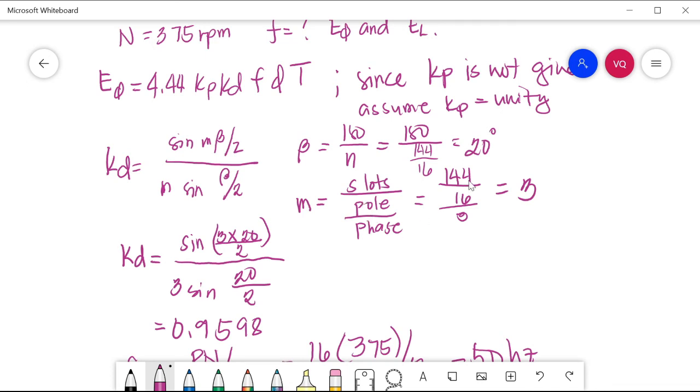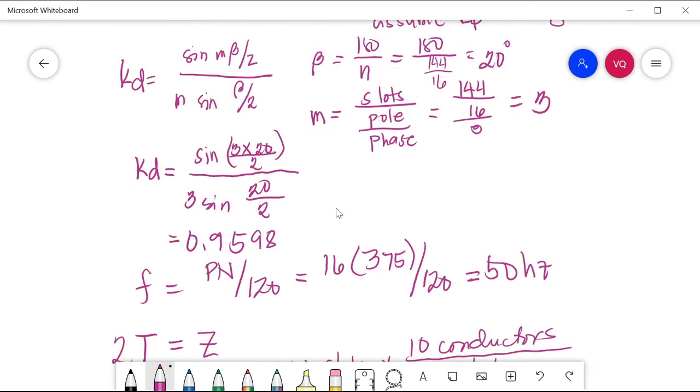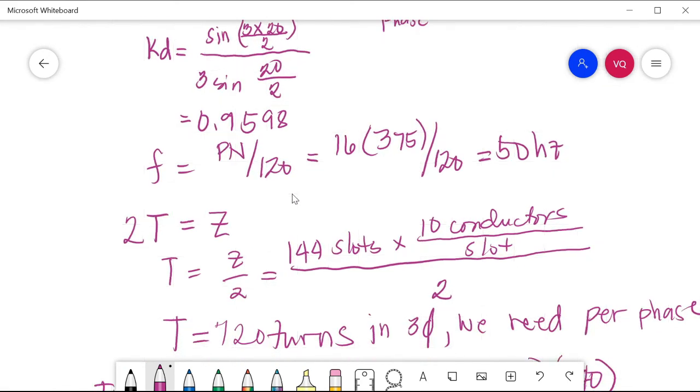You have 144, the number of poles is 16, and the number of phases is 3. So you will get 3. Solving now your KD, it will be equal to 0.9598. For the frequency, we have our formula: number of poles multiplied by the speed divided by 120. So you will get 50 Hertz.